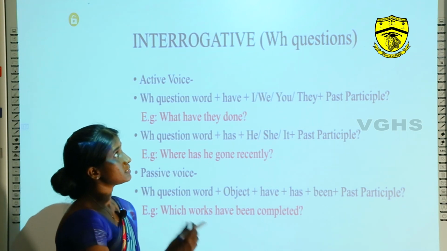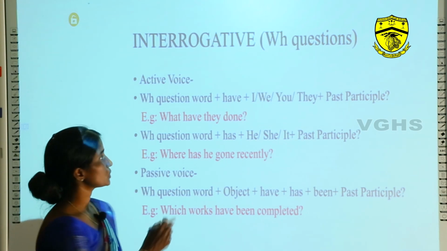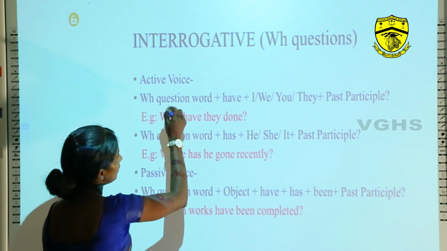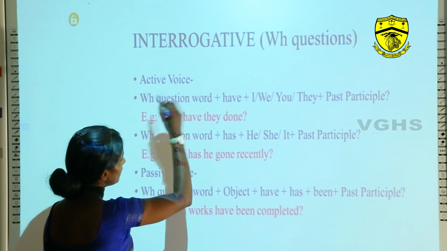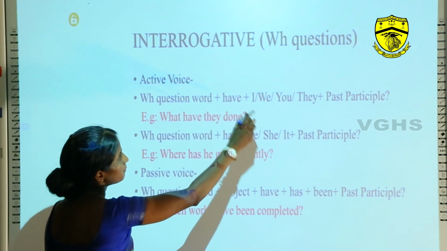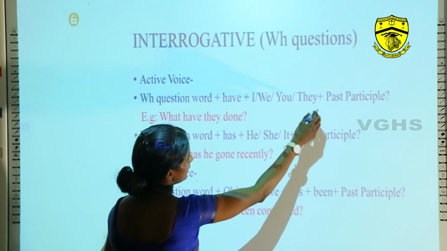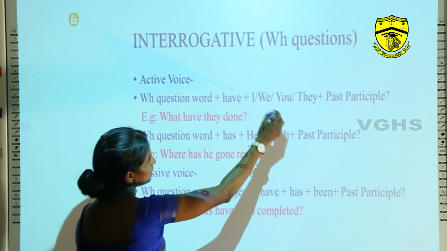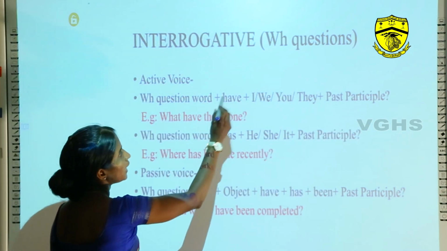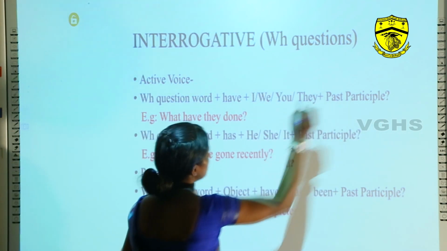Okay, now let's see the other question form, WH questions. In passive voice also, in a WH question, the question word comes at the beginning of the sentence. WH question word plus have plus the subject; here we put I, we, you, they, depending on the subject, then plus past participle.